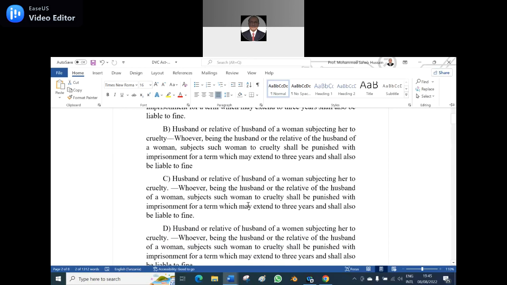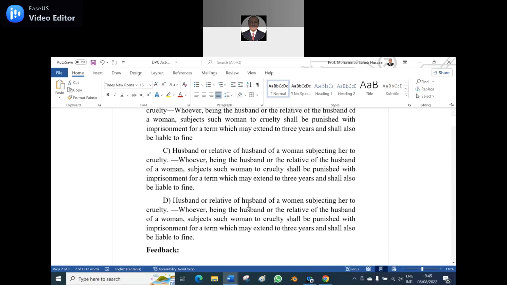C. Husband or relative of husband of a woman subjecting her to cruelty, full stop, dash, whoever being the husband or the relative of the husband of a woman subjects such a woman to cruelty shall be punished with the imprisonment for a term which may be extended to 3 years and shall also be liable to fine.